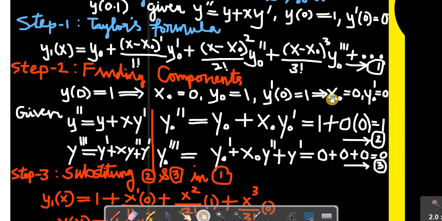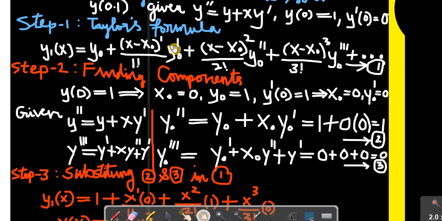And then we have here y naught dash, that is the first derivative of y when x naught equals 0, or the initial value of the first derivative equals 0, that we can substitute. So in this equation, where is that? Yes, here.